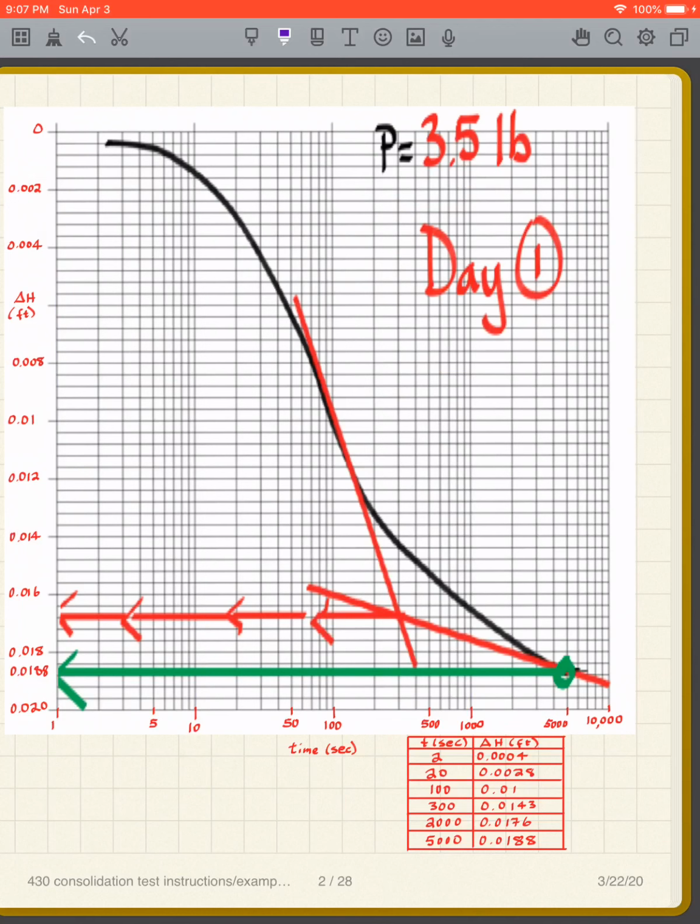Now, what we do is we look at this data here, and what we find is that the delta H, this is the raw data that you've made from the consolidation test. We have a delta H of 0.0188 feet at 5,000 seconds.